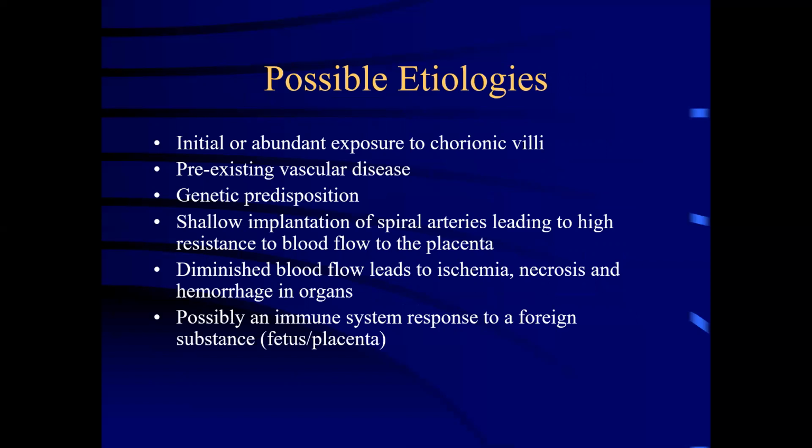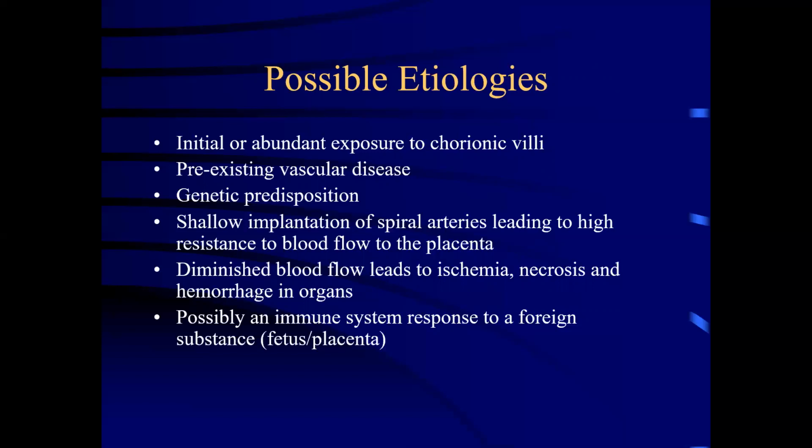So possible etiologies. So there's an initial or abundant exposure to the chorionic villi. These patients may have pre-existing vascular diseases, and a lot of times that's the case. Genetic predisposition. If your first-degree relative was preeclamptic, you're likely to be preeclamptic as compared to the person who doesn't have a first-degree relative, like their mom or sister.